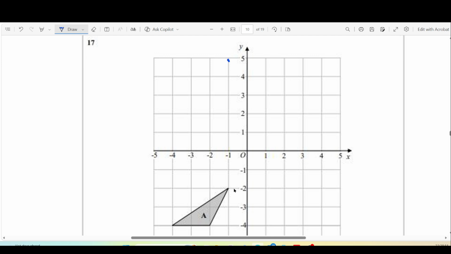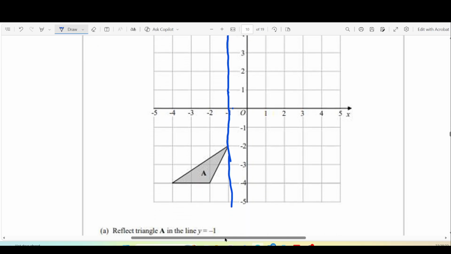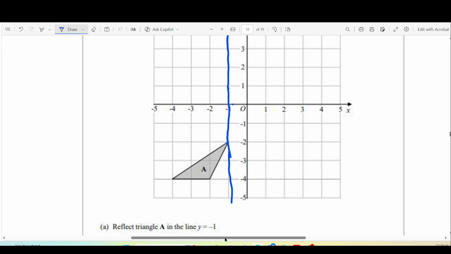This is y equals negative 1, right? You can see there we have negative 1. So now if you see, this point has x as negative 1 and y as negative 2, right?